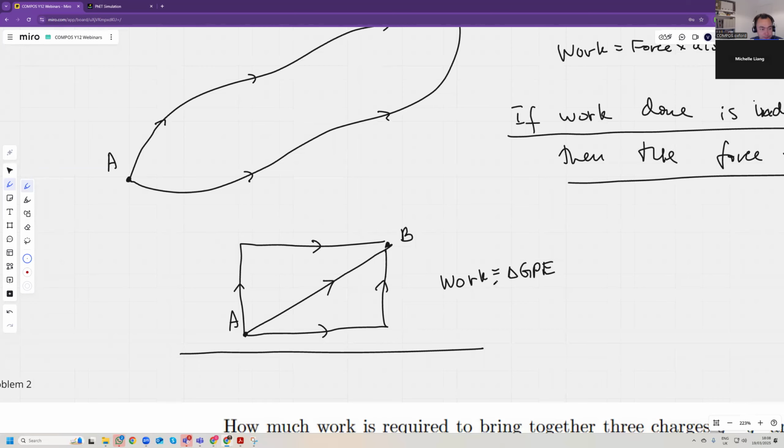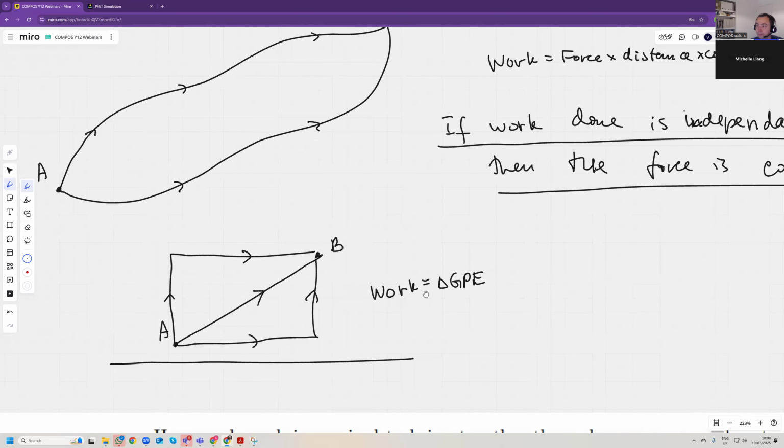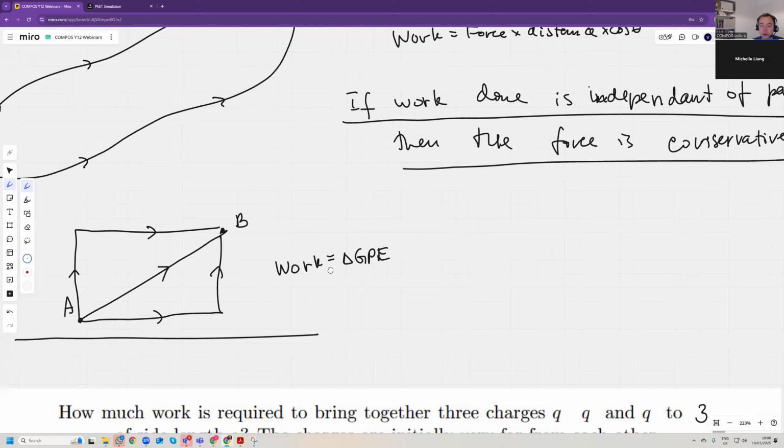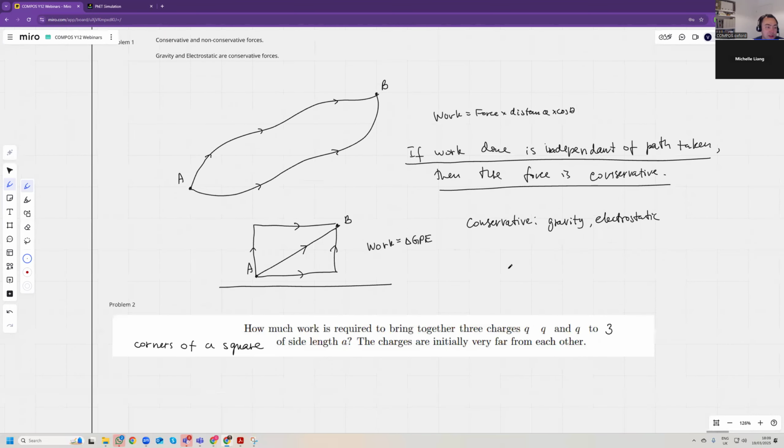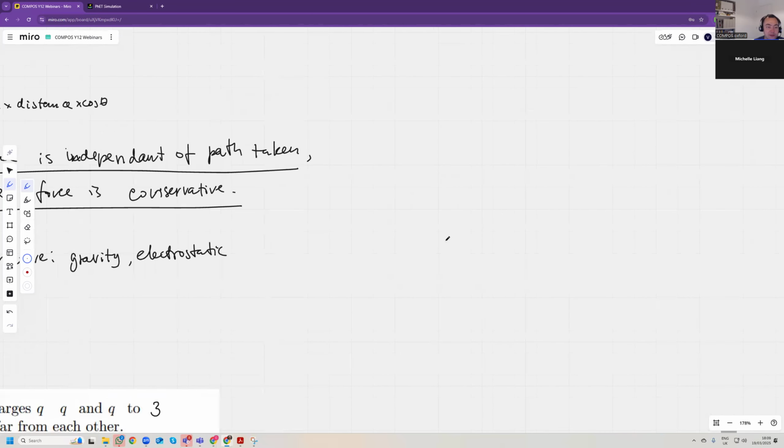Does that make sense? So conservative is gravity, and electrostatic. So how do we show that electrostatic is conservative?